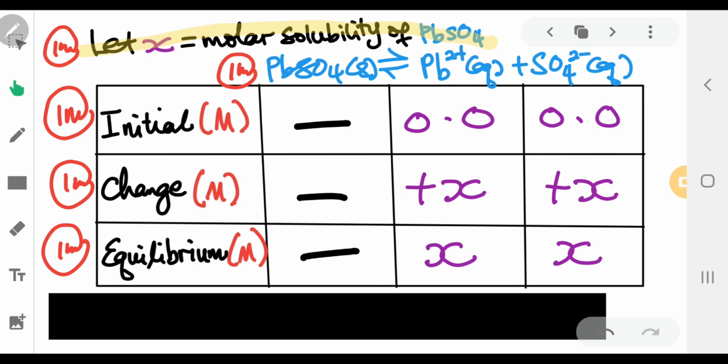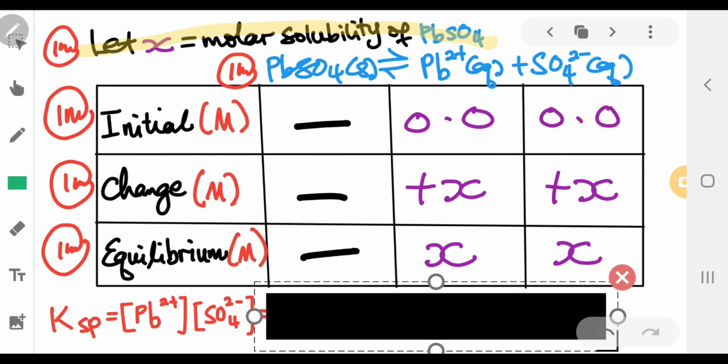So moving forward from the ICE table that we have done here, we're going to write the KSP expression. So the KSP expression would be like this: the concentration of Pb2+ times the concentration of SO4 2-. And by writing that correctly, you would get another 1 mark for the correct KSP expression.